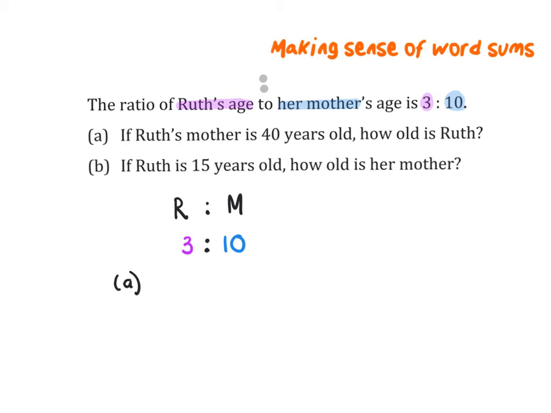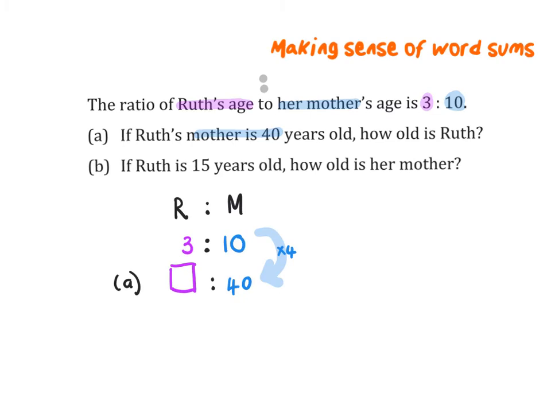They say if Ruth's mother is 40, so this means in the mother section of the ratio, I have 40. And I want to know how old Ruth is. Just like in the previous questions, I have a look at what happened to the 10 to get it to 40, and that is 4 times bigger.